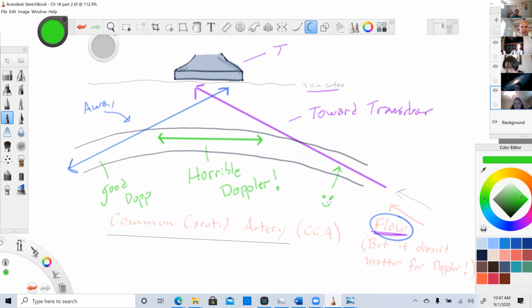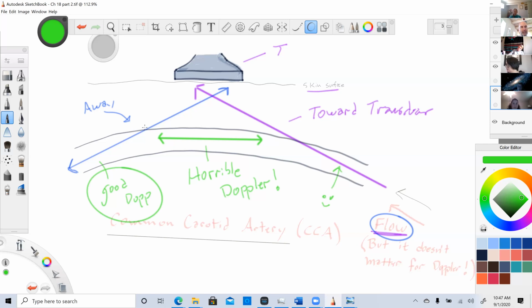Unfortunately, I'm just going to have to erase everything here. So does that make sense? When I talk about the cop taking pictures on the side of the road, he wants to be on the side of the road with a good Doppler vector.